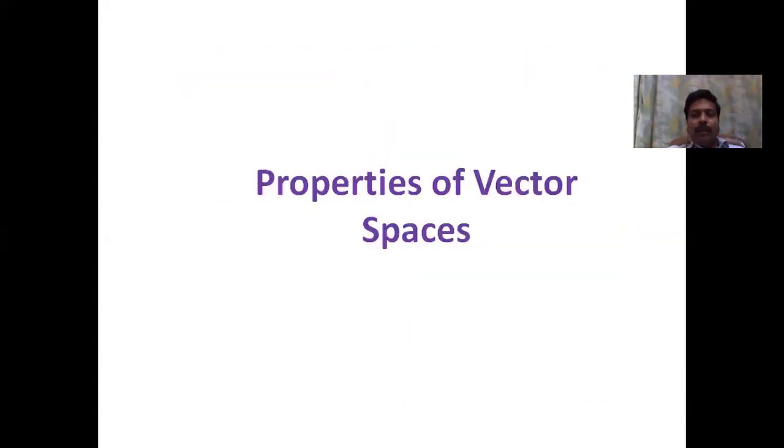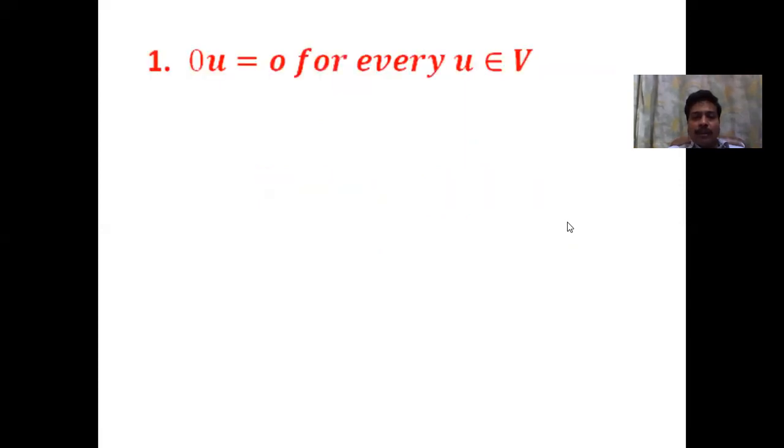Now let us move on to the properties of vector spaces. We are going to discuss some of the properties. This is the first one: 0u is equal to O for every u belonging to V. This is the property. Simply, you can say that when 0 is multiplied by something, you will get 0.